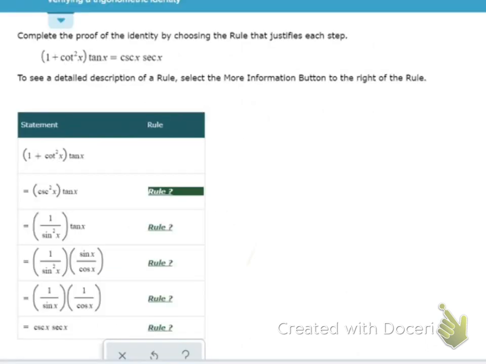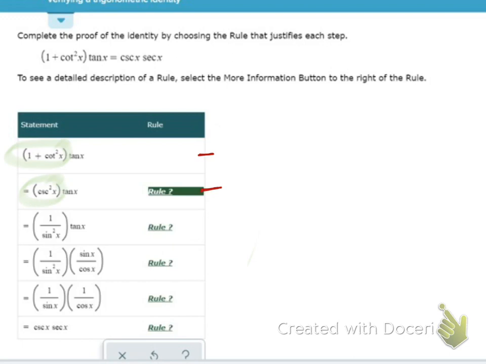So let's look at this first problem right here. We are going from this statement to this statement, and we have to talk about why. Why are we allowed to go from 1 plus cotangent squared x times tan x to the next statement? So we have to think about why that is true. Our tangent x stays the same, so we are looking at this right here and this right here.